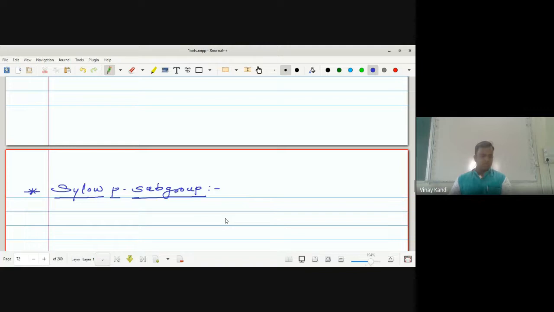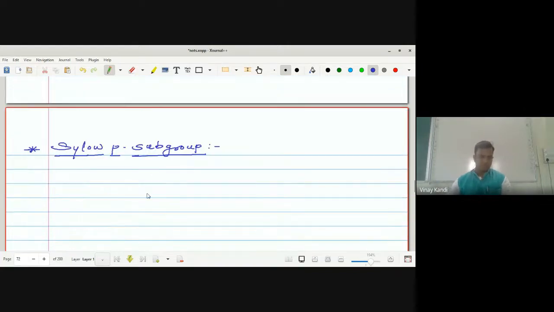Okay, unit number 2. So look at this one. What is the definition of a Sylow P subgroup? Suppose the order of a group G is equal to P raised to n into m, such that this P does not divide this m.